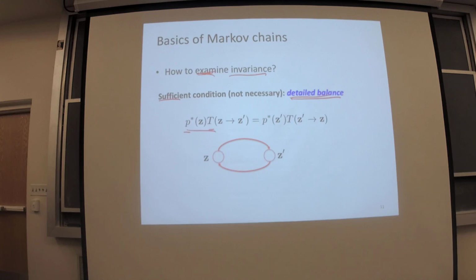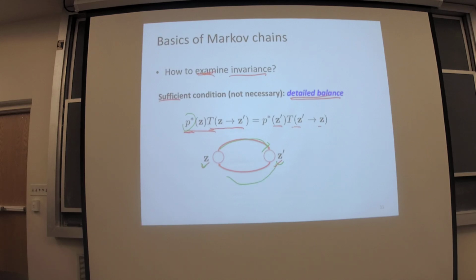So what is detailed balance? Basically, for two arbitrary states, z and z prime, you show that your distribution p star of z multiplied by the transition probability from z to z prime is the same as p star of z prime multiplied by the transition probability from z prime to z. So basically, the probability that you start with this target distribution and jump to another state is the same as the probability that you start with the distribution at the other state and jump back.